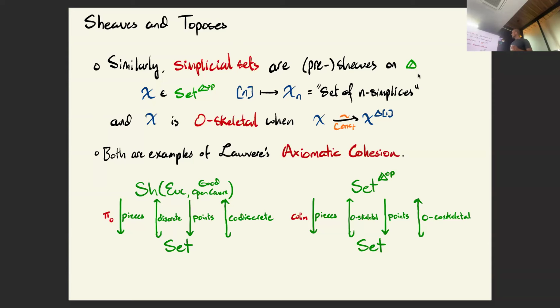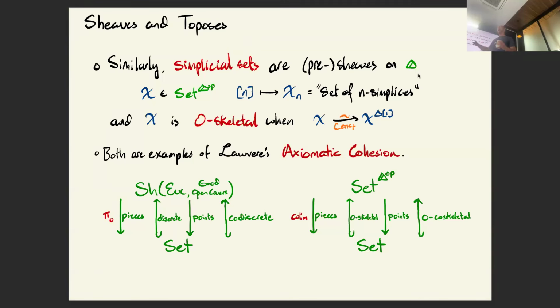And similarly, for simplicial sets, we can take its set of points. We can include a set as a zero-skeletal space, which is a discrete simplicial set, or as a zero-coskeletal space, where we have every possible n-simplex between any n points, right? Well, exactly one.